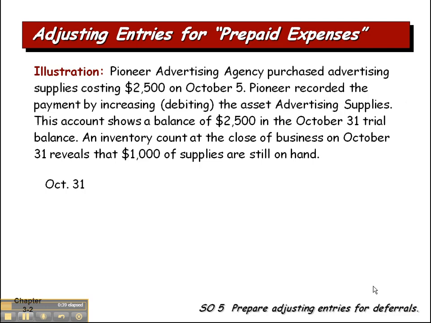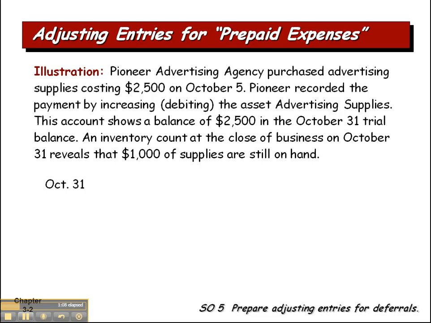So let's go through an illustration. Pioneer Advertising Agency purchased advertising supplies costing $2,500 on October 5th. Pioneer recorded the payment by debiting the asset advertising supplies. This account shows a balance of $2,500 on October 31st, which is 26 days later, in the trial balance. An inventory was taken at the close of business on October 31st and revealed that $1,000 of supplies were in hand.